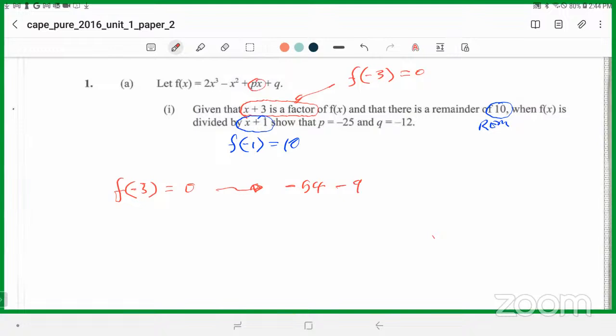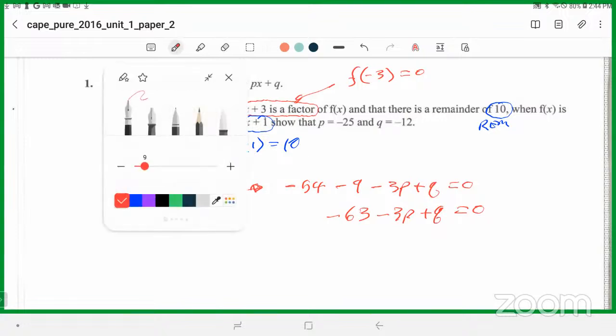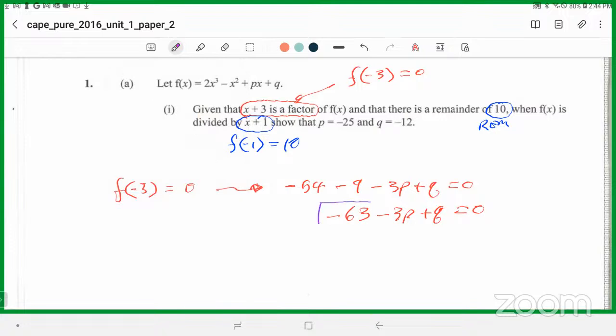Plug -3 here, we get -3p plus q equals 0. What is -54 minus 9? That's -63. So -63 minus 3p plus q equals 0. This is your first equation. Let's put the box in purple.